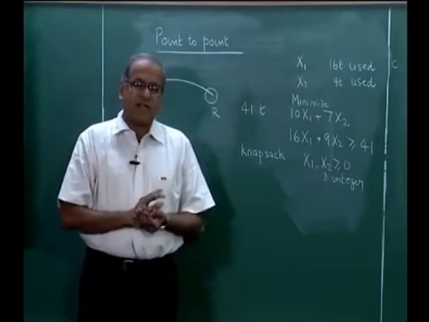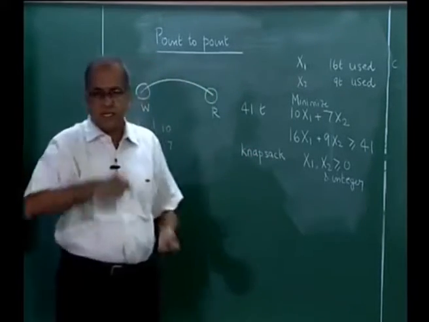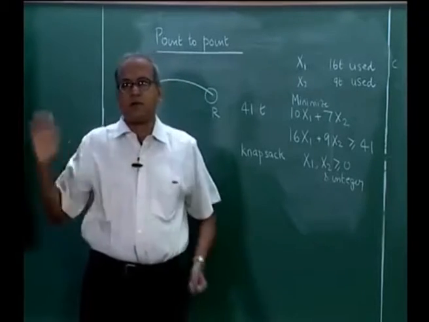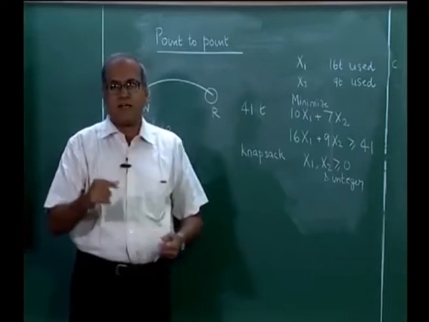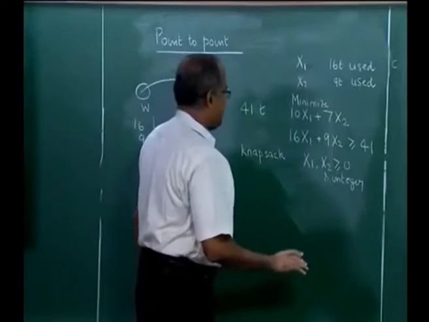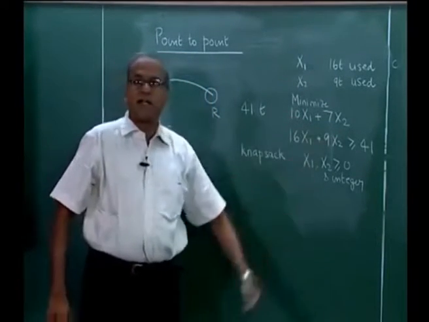So, it is a single constraint, and if it is a volume constraint, this would represent the volume of each item, and the volume that we put in should be less than or equal to the volume available. So, it is a maximization problem with a single constraint of a less than or equal to type. This version of the knapsack is a minimization problem with a single constraint which is greater than or equal to type.